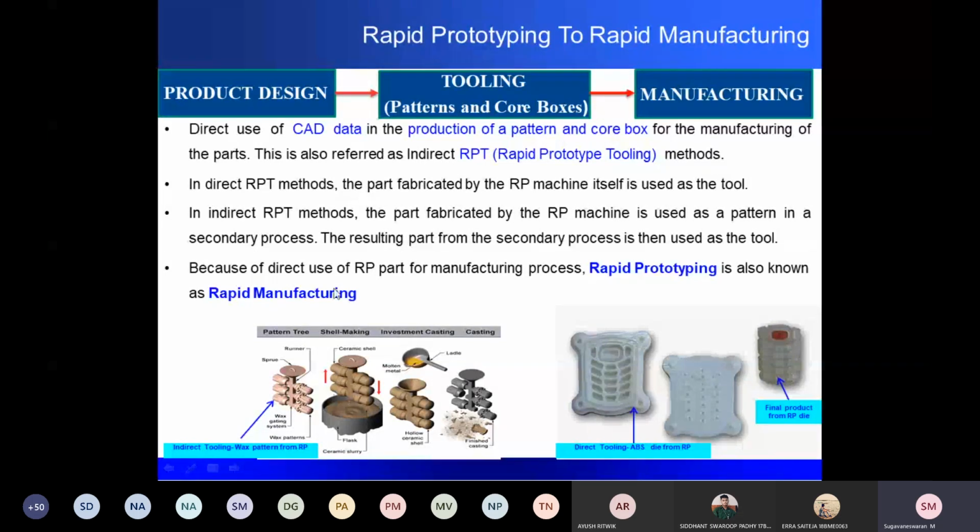Rapidly you are developing a wax component because you are using a computer system to craft it, and that rapid prototyping is used in a real-time manufacturing situation itself. This prototype is not for any form, fit, functionality. This prototype is used for some manufacturing activity. So rapid prototyping got changed into rapid manufacturing. That is our subject name, rapid manufacturing techniques.